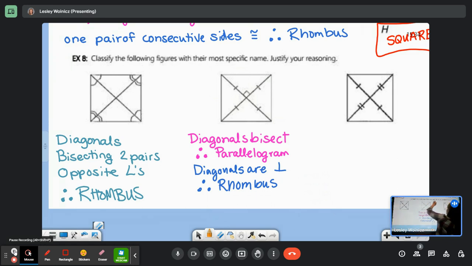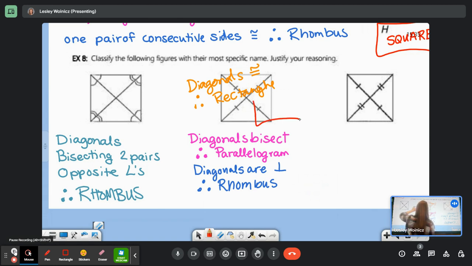So the diagonals are congruent. Therefore, it's a rectangle. So we know that its most precise classification is square. So if it's a rectangle and a rhombus, we know it's a square, right?